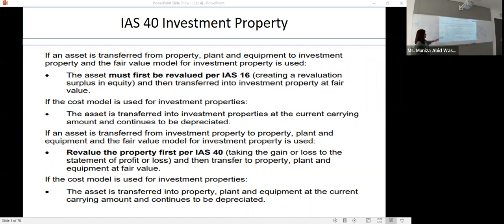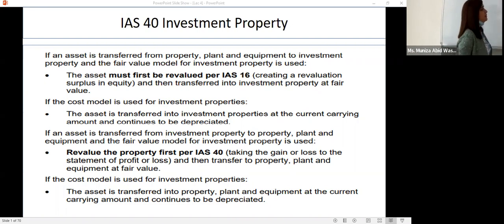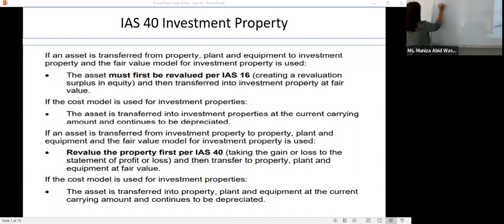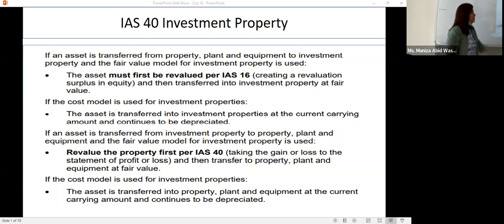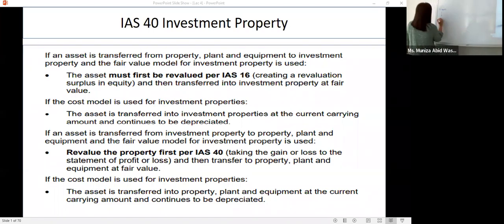They are telling us if an asset is transferred from investment property to property, plant and equipment, and the fair value model for the investment property is being used, then revalue the property first as per IAS 40. First, we have to revalue the asset as per IAS 40.